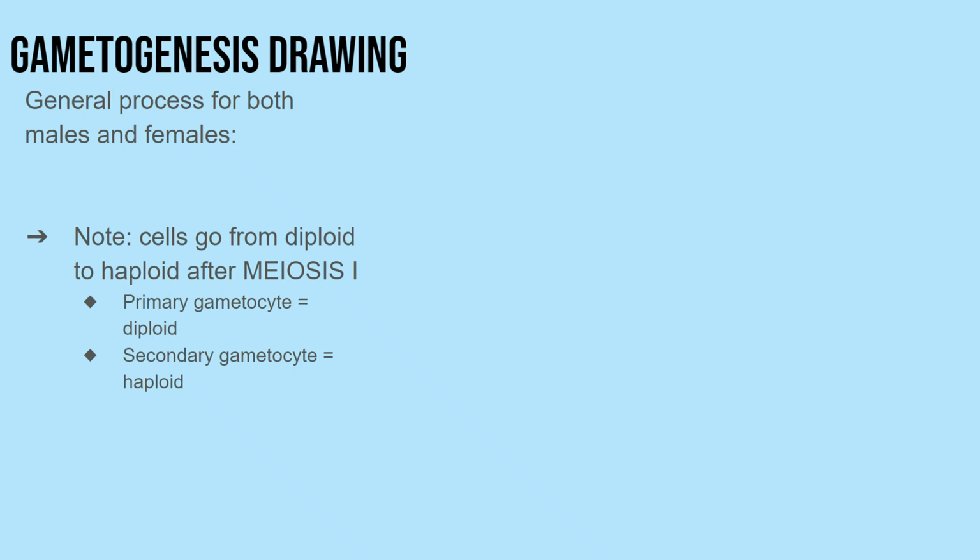Okay, so we'll try to see if this works. You're going to start with a gametocyte, which is just kind of like a body, or just a cell. So this is your gametocyte. And this is 2N.